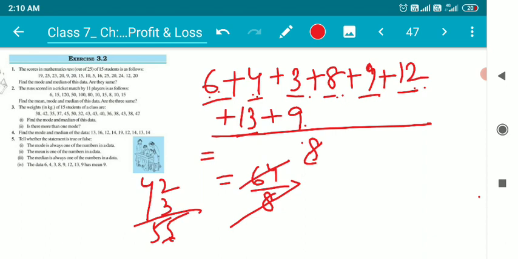If I reduce it, I'll get 8, because 8 eights are 64. My final answer is 8. That means the mean is 8, and the question said the mean will be 9. So of course these two are not matching. In the book it's 9 and after this calculation I'm getting 8. So naturally it is different. So it's a false statement.